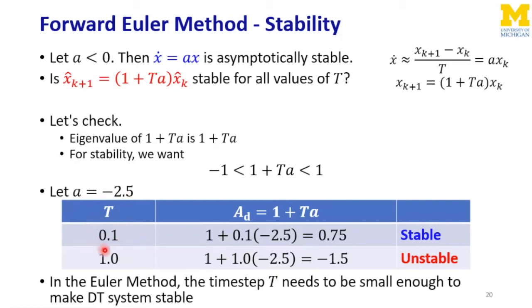With a time step of 0.1, we compute that Ad is equal to 0.75. Now 0.75 is less than 1, and hence the discrete time system is going to be stable. But if we set the time step to be 1, we see that the corresponding Ad is going to be minus 1.5, and the discrete time system that we get here is actually unstable. So in the Euler method, the time step T needs to be small enough to make the discrete time system stable.